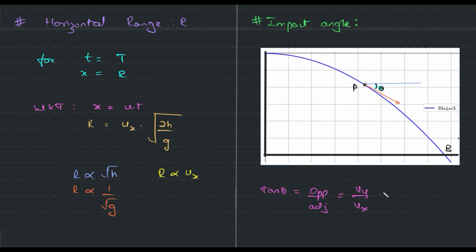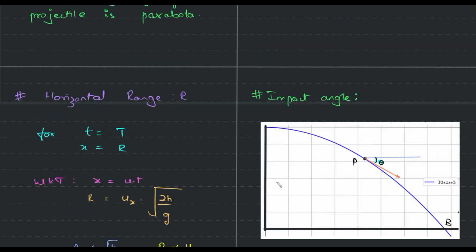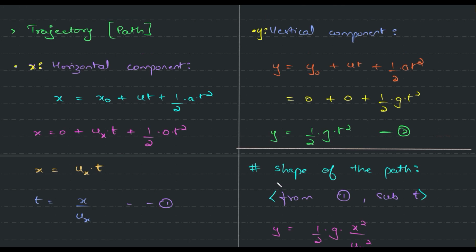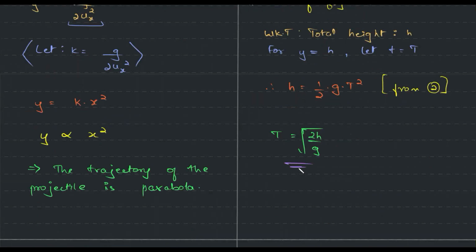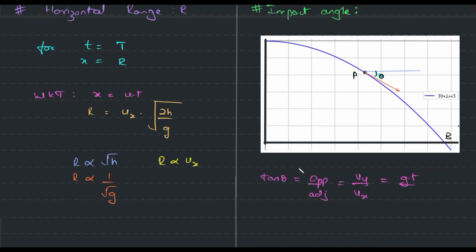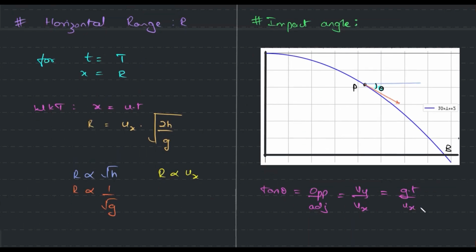So we know the expression for Vy. Vy is g into t. And Ux is constant. So that is U of x, correct. This is U of x. As simple as that. This is in general.